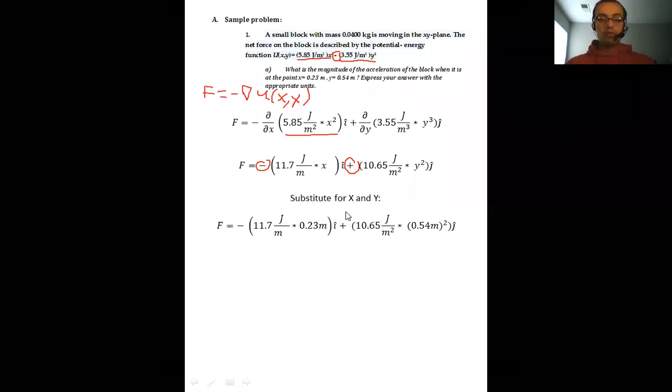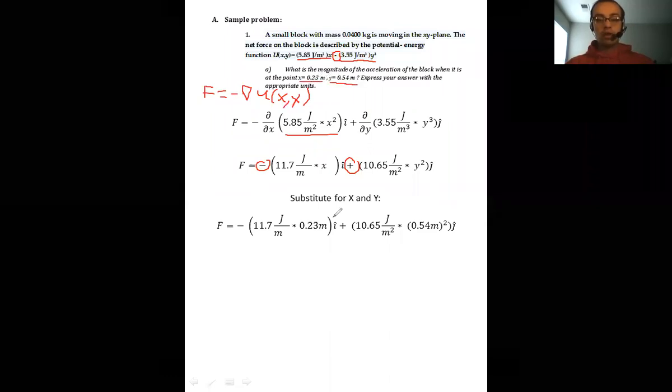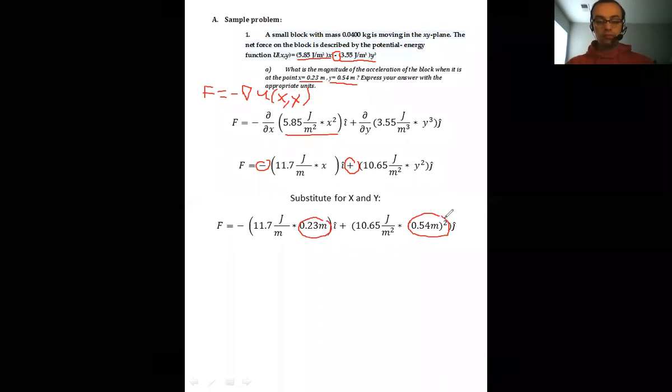So then we substitute for x and y. We are given x is equal to 0.23 meters, y is equal to 0.54 meters. So that goes in for x and in for y. We go ahead and note that you want acceleration, which is actually force over mass.